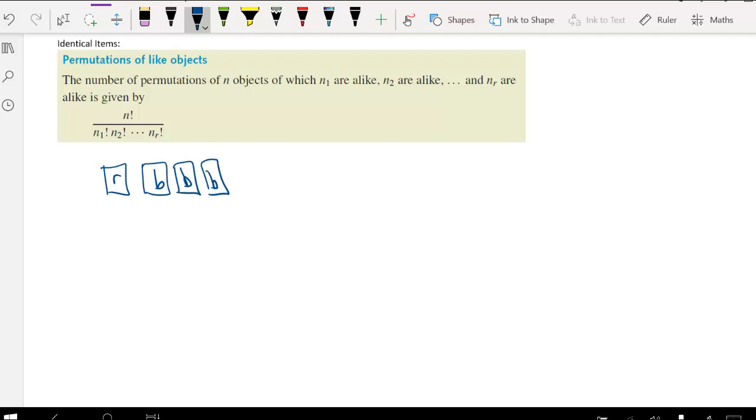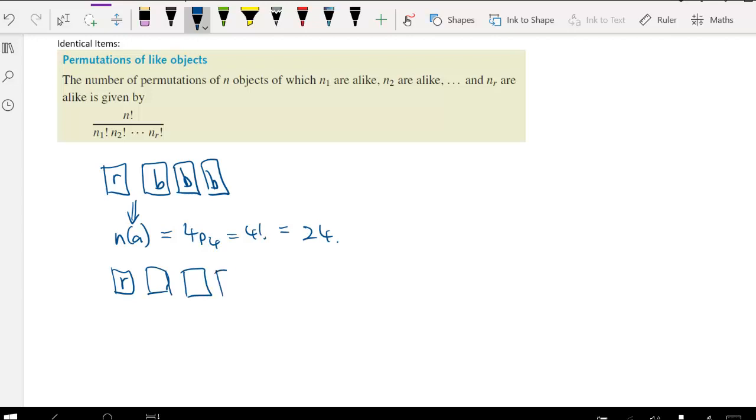All the 3 blues are identical. If I look at the number of arrangements disregarding the fact that they're the same, I look at 4P4, which is 4 factorial, and I've got 24 different arrangements.